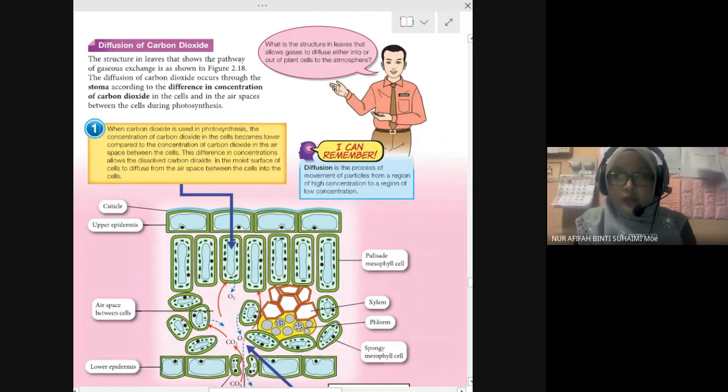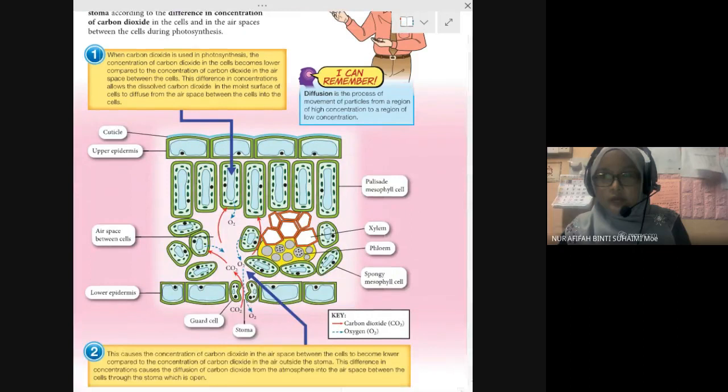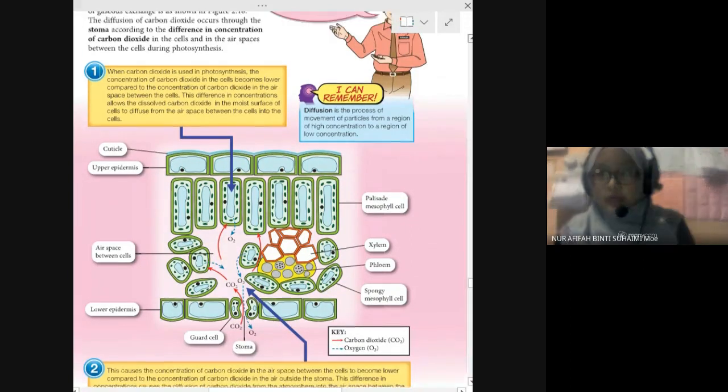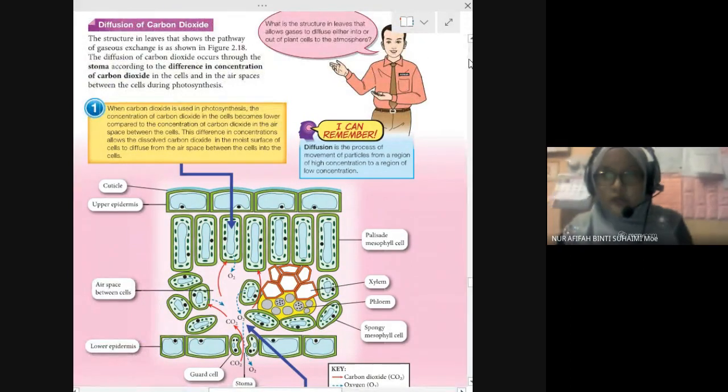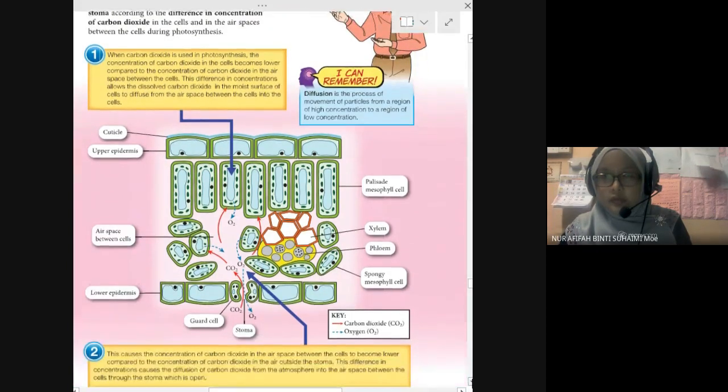Okay, here we have the structure of leaf. Through the leaf, respiration through leaf.